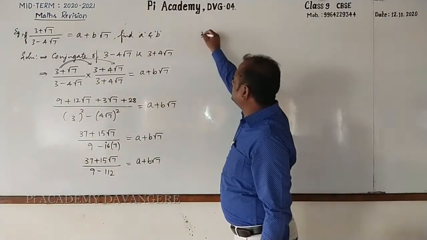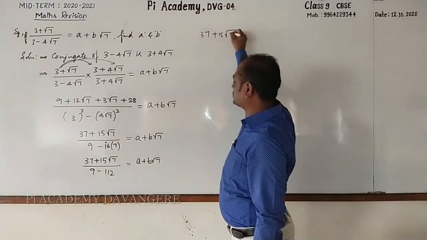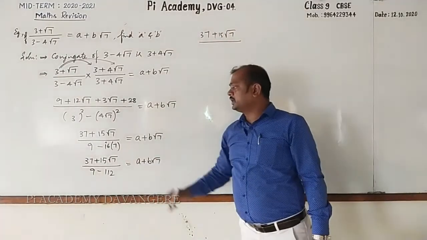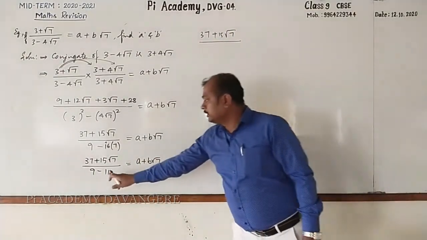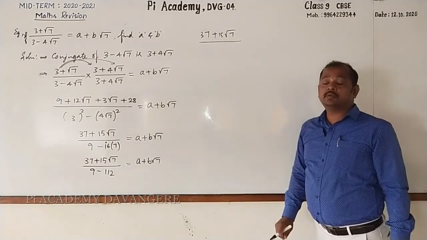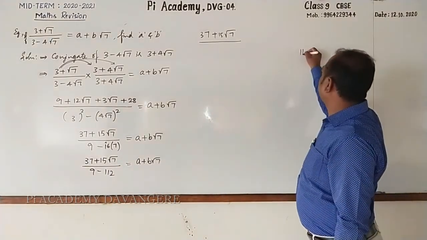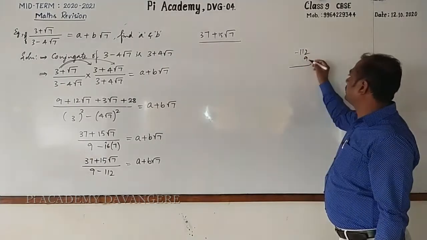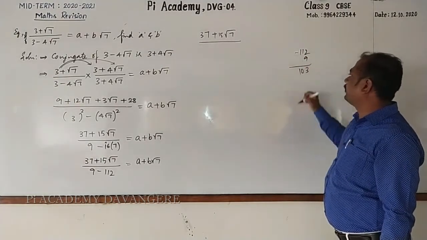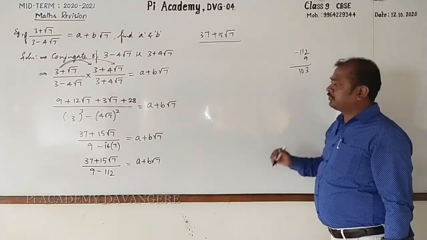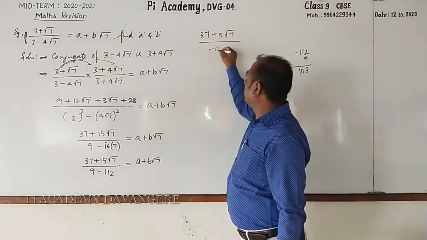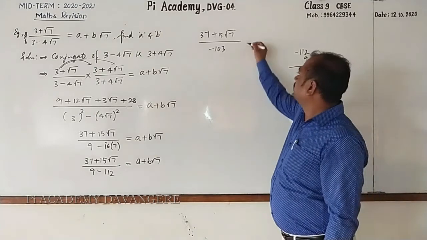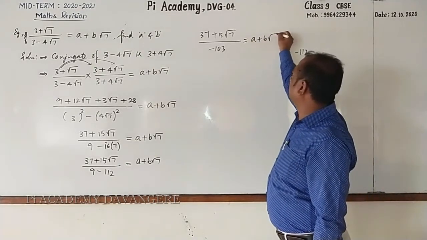It is (37 plus 15 into root 7) whole divided by 9 minus 112. See, 112 minus 9 can be written as 12 minus 9 is 3. Here is 0, 1, 103. So minus 103, which is equal to A plus B into root 7.